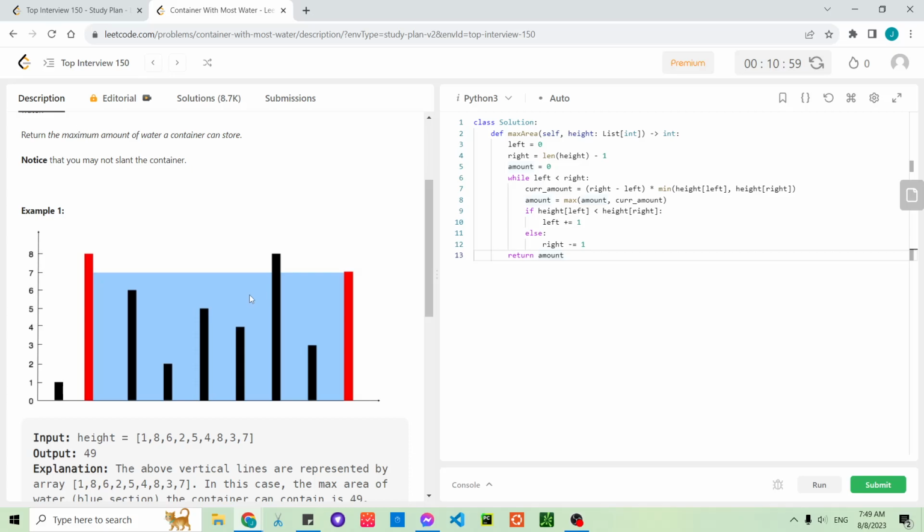No chance of getting bigger volume. So in that case, it doesn't matter which one we move because none of them is going to give us a higher volume.